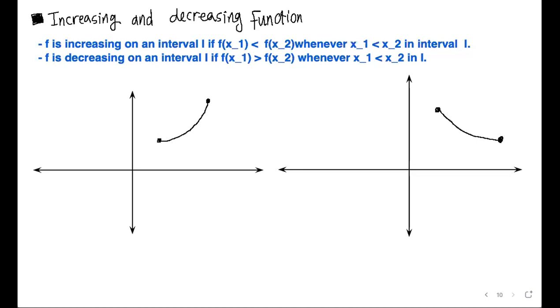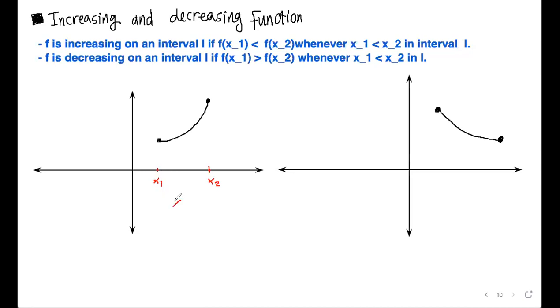So what does the definition say? f is increasing on the interval I. Suppose my interval starts from this point up to this point. If f of x1 is less than f of x2 whenever x1 is less than x2 in interval I, then the function f is increasing. This function is increasing. Why? Because suppose this is my x1 and this is my x2.